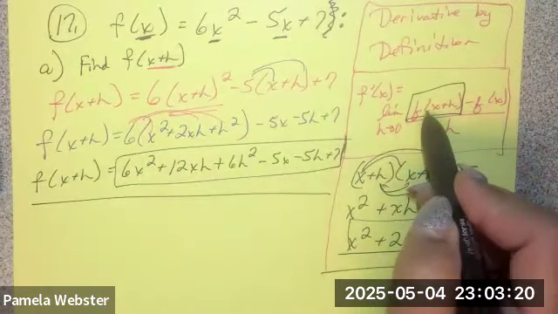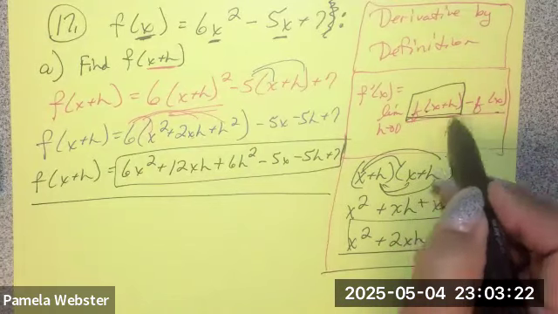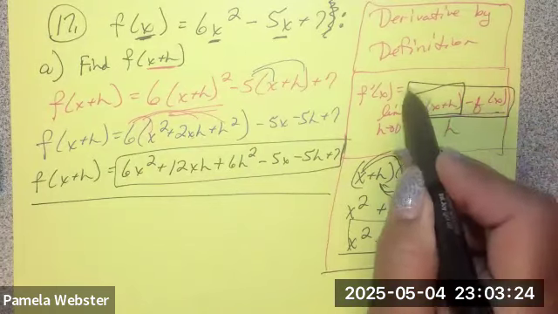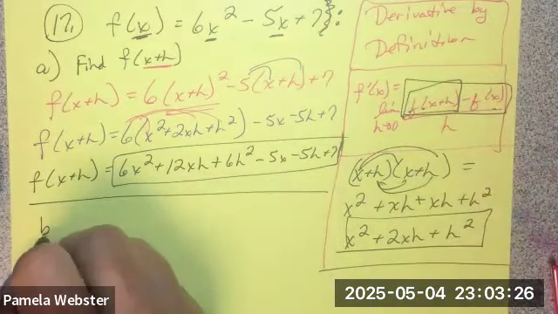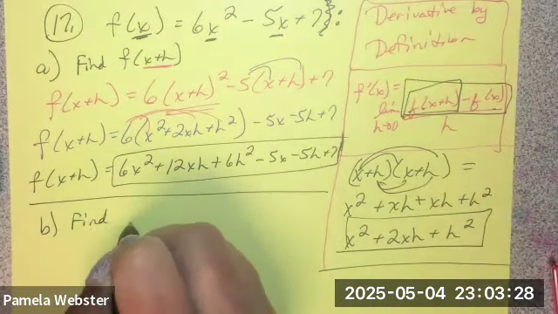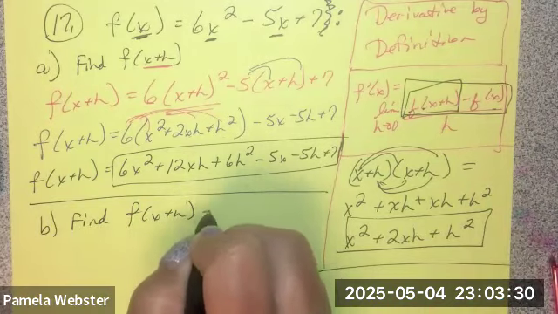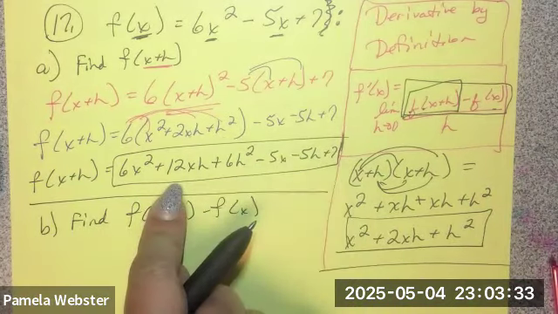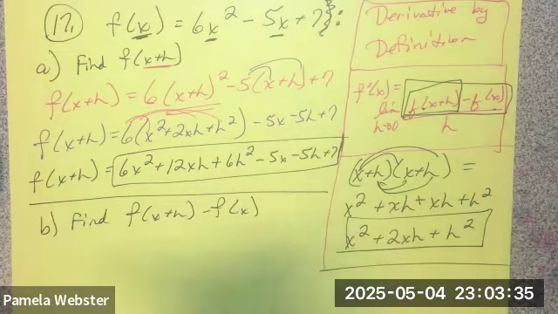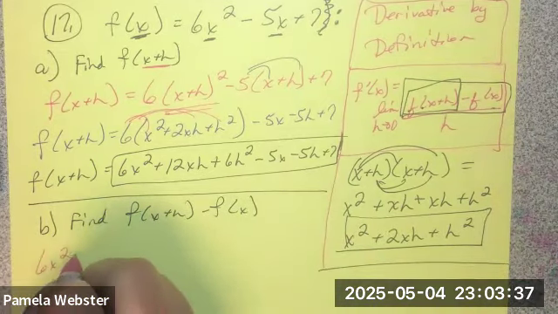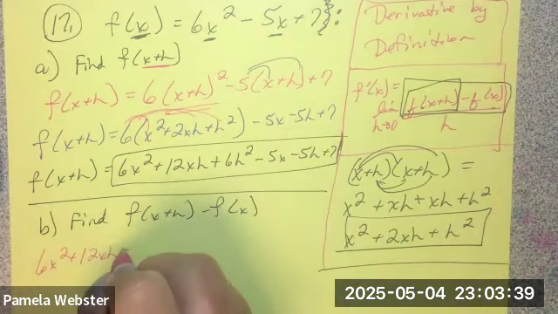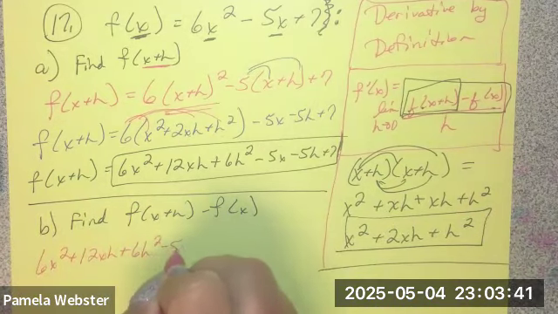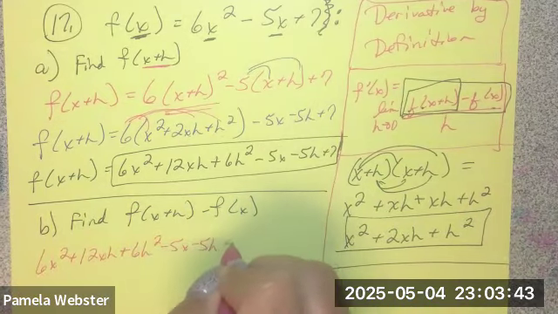Then B is show me where you're subtracting this. So we just go ahead and do the entire top now. So B says find f of x plus h minus f of x. Well, we just got this guy, so write him down, right? 6x squared plus 12xh plus 6h squared minus 5x minus 5h plus 7.